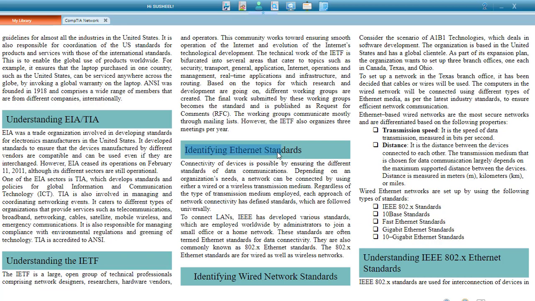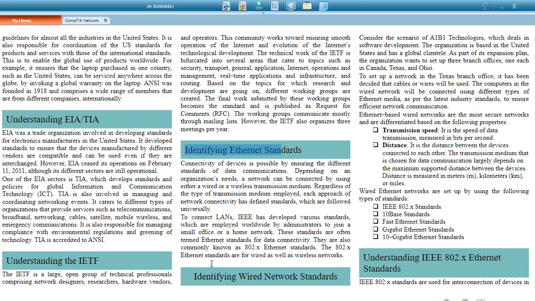The technical work of the IETF is bifurcated into several areas such as security, transport, general, application, Internet, operations and management, real-time applications and infrastructure, and routing. Based on the topics for which research and development are going on, different working groups are created. The final work submitted by these working groups becomes the standard and is published as Request for Comments, RFC.